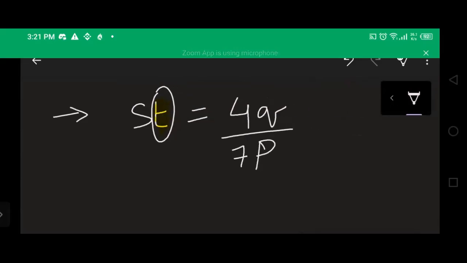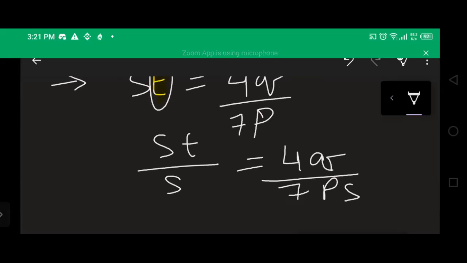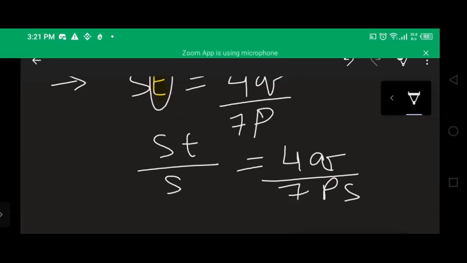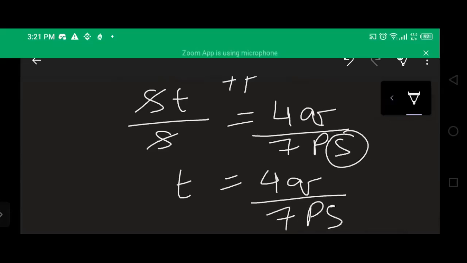I'll divide both sides by s, so t equals 4q upon 7p s. You could put either this or the divide sign and then s. That will be your final product.